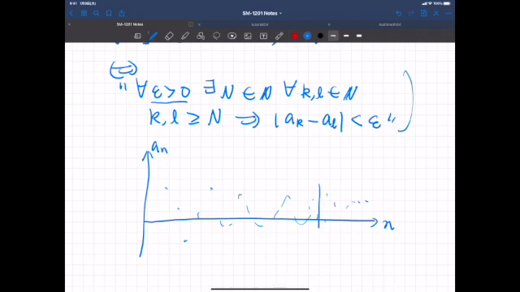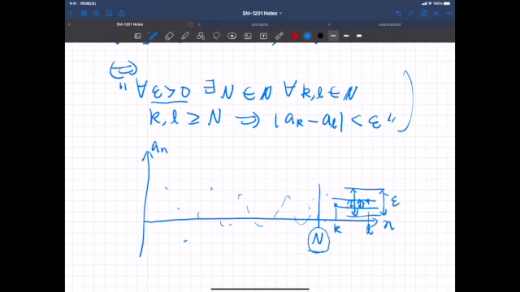If we take a large enough natural number N, then beyond that point, the difference between any two elements, let's say this is k and this is l, is always less than epsilon.